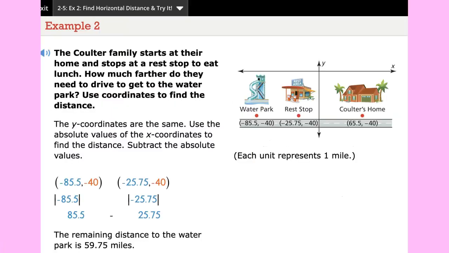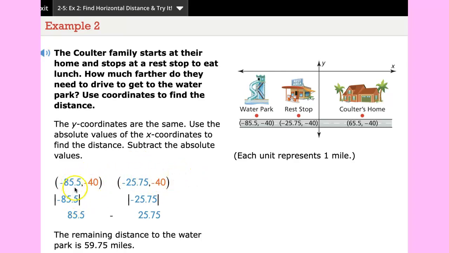So if you said that your answer is 59.75 miles, you're correct. So look at this. Negative 85.5 and 40 is the coordinate, and negative 25.75 and negative 40 is the coordinate of the rest stop. If you notice, they are on the same street of negative 40.